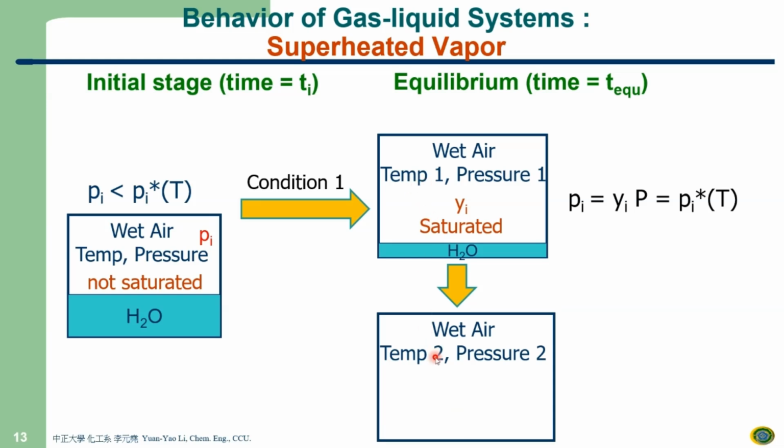So temperature 2 must be larger than temperature 1, or pressure 2 must be less than pressure 1, right? At this time the vapor is huge, and in the gas phase it is called superheated vapor. There's no liquid H2O.